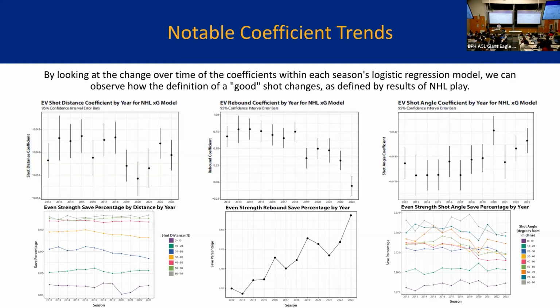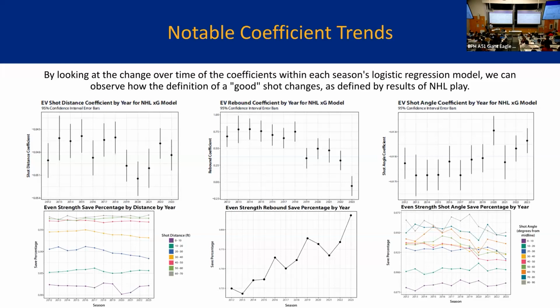In the bottom left plot, we plotted save percentage by distance across the seasons. One interesting thing that we found is that for most distances, the save percentage is staying relatively the same, but for shots between 20 and 30 feet and 30 to 40 feet, that's where we see the decline.